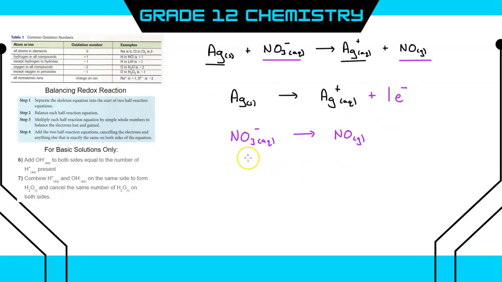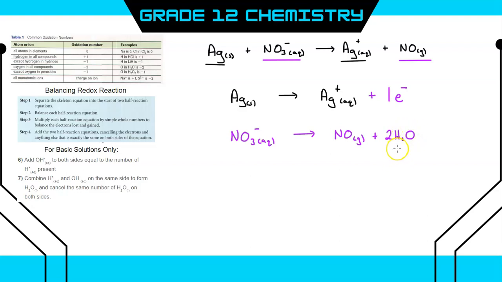Now, for our second half reaction, nitrogen is balanced. Oxygen is not. So we're going to balance oxygen the same way we did before by adding water molecules. So we have 3 in our reactants and 1 in our products. So let's add 2 water molecules, so 2 H2O.